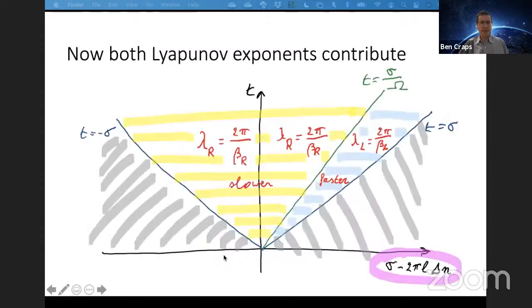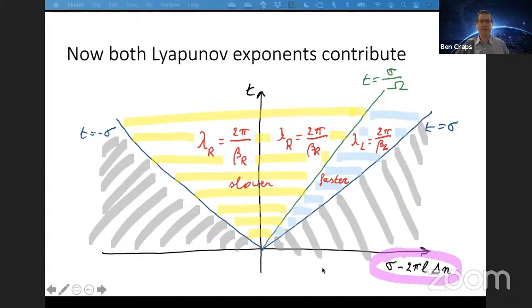So now let me take you back to the picture I had before to see which of the Lyapunov exponents will be the relevant one, given a spatial separation and given a time separation. For the time direction, nothing changes, but given a spatial separation sigma, because of this method of images way of constructing the torus propagator as a sum of cylinder propagators, I will have to look at values of sigma that are shifted by integers times the length of the spatial circle.